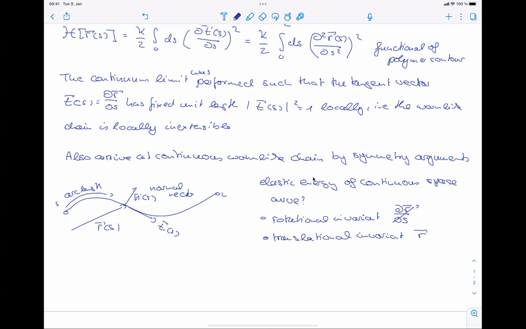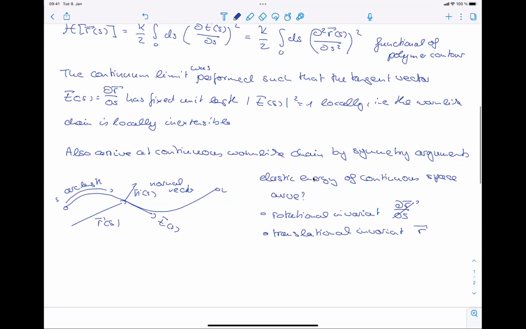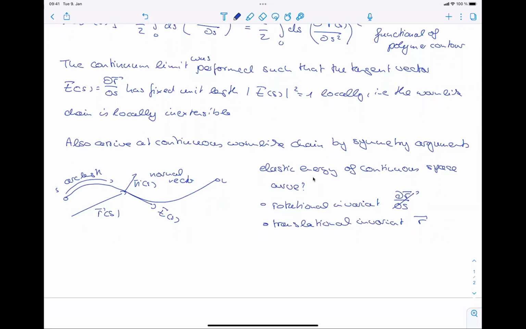So it can't have a direct dependence on the space parameterization. And so the first non-vanishing term in the gradient expansion, if we again expand in a polynomial fashion, would then be the second order in the gradient.